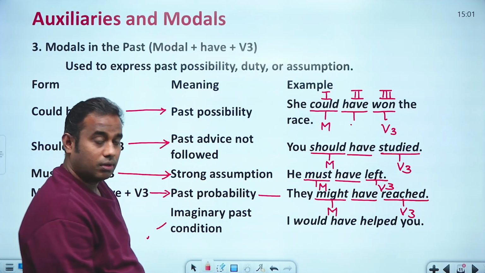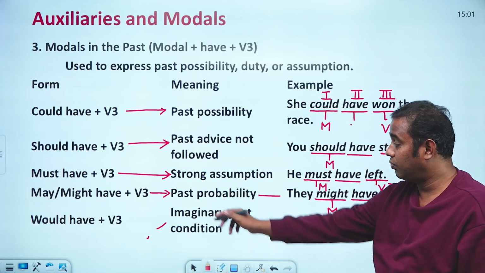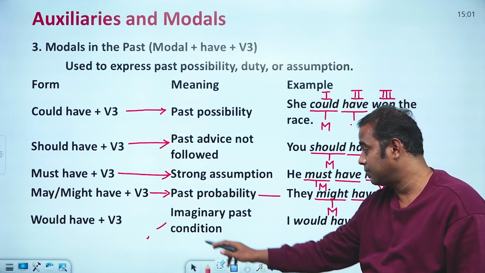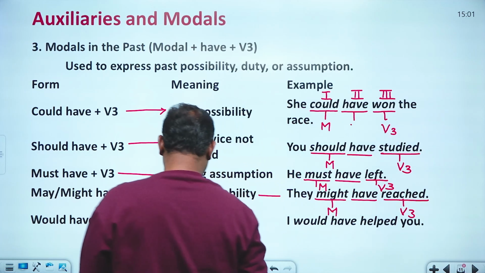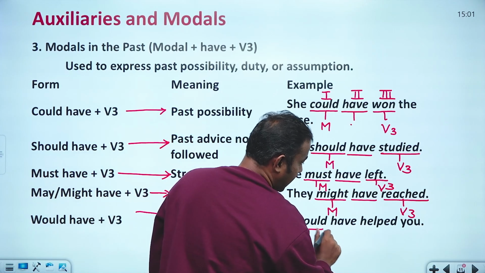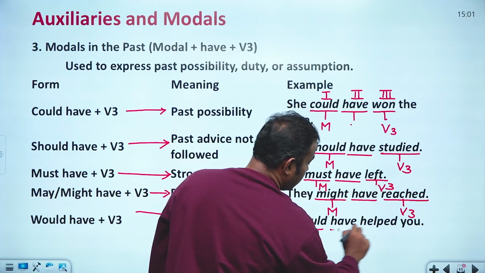Then would have plus V3 form becomes an imaginary past condition. So what is the imaginary past condition? I have helped you. I would have helped you.